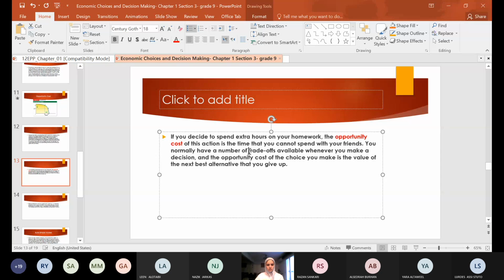Trade-offs are the available alternatives. Whenever you make a decision, the opportunity cost of the choice you make is the value of the next best alternative that you give up. This is opportunity cost.